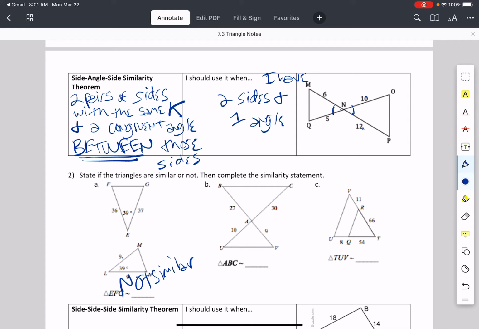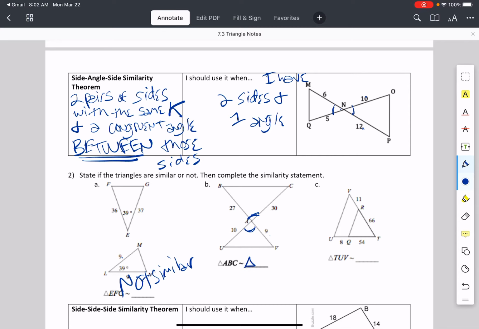What about this one? I don't see any numbers inside this angle here, but are they congruent? Yeah, because they're vertical angles. Then 10 times 3 is 30 and 9 times 3 is 27, right? So they have the same scale factor and a congruent angle between them. Now the tricky part is going to be how to figure out the order of the angles.